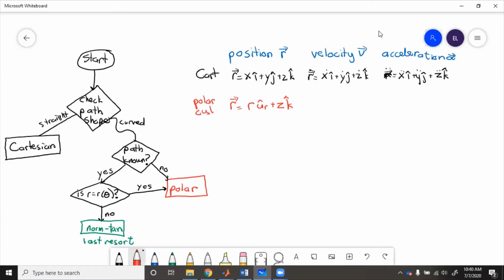So focusing here, r, ur, let's look at particles going on a path.